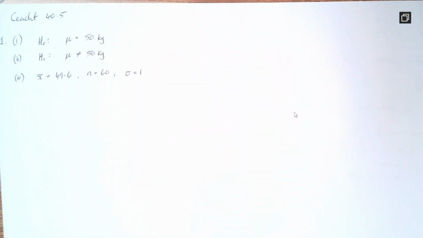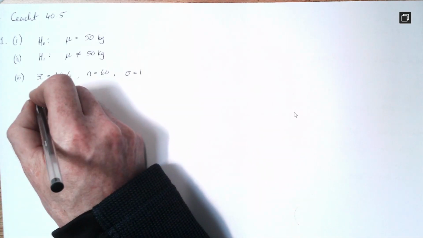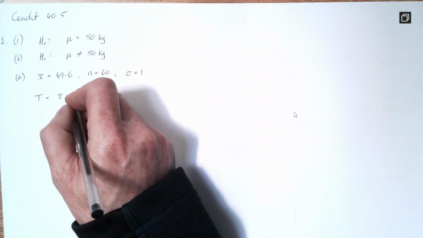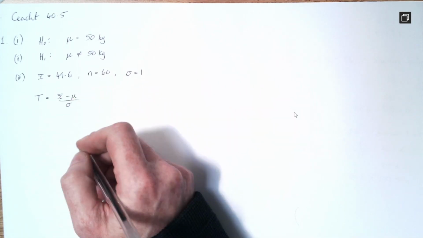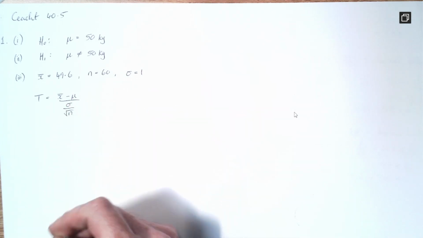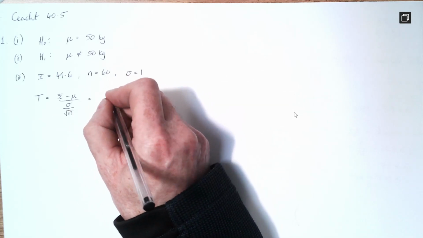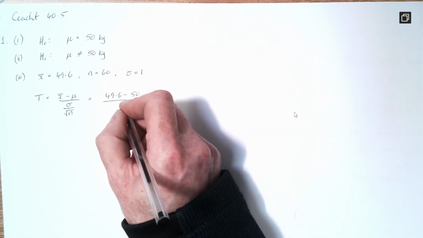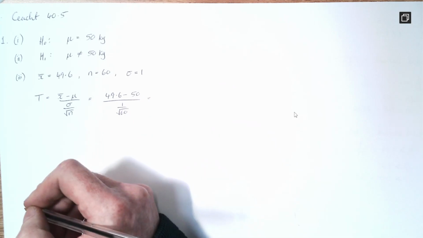So the test statistic is z equals the sample mean minus the mean, divided by the standard deviation over the square root of n. So z equals 49.6 minus 50, divided by 1 over the square root of 60.